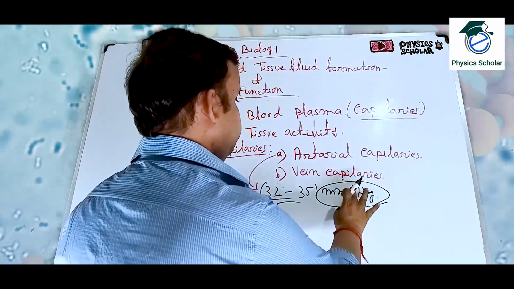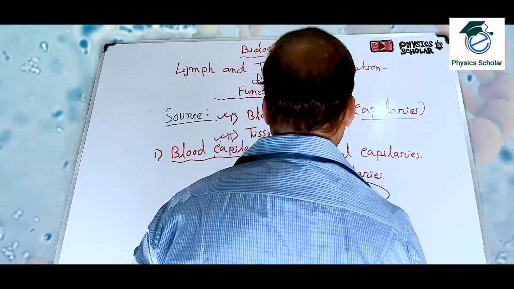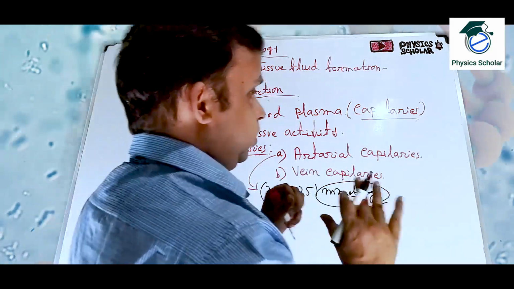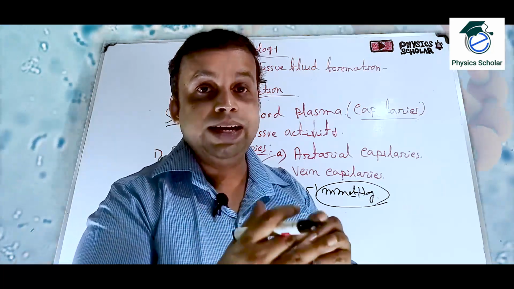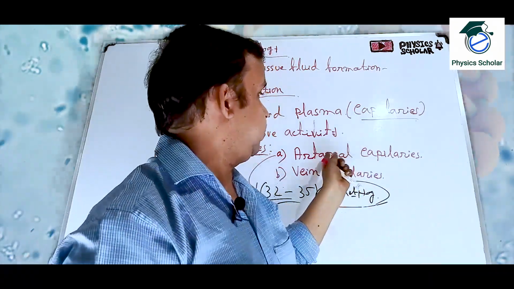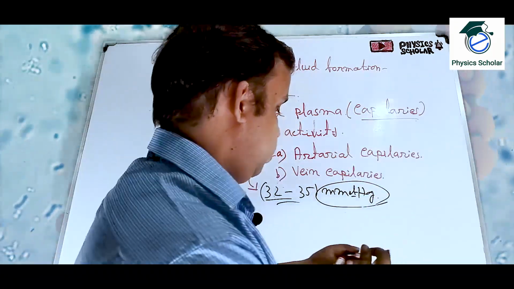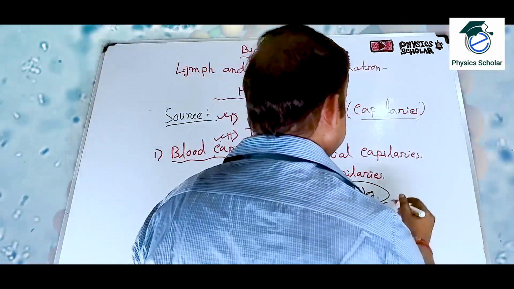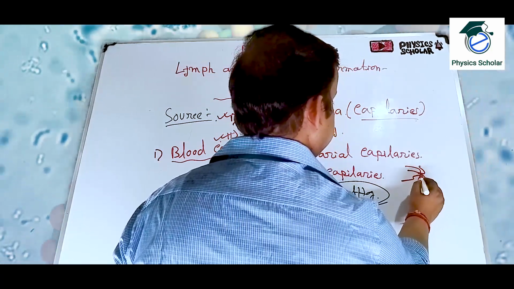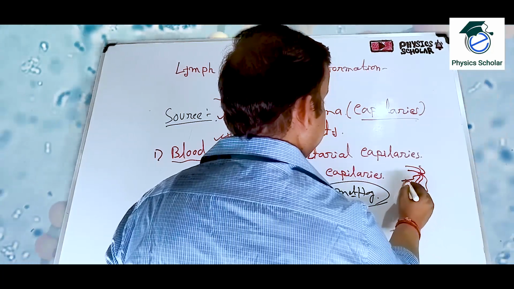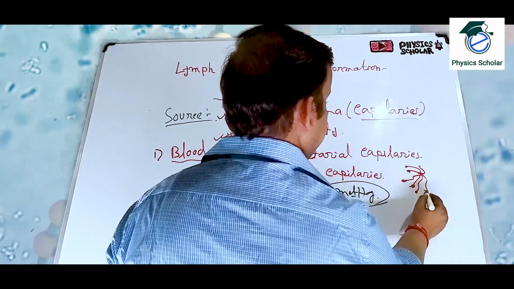Clear? The pressure of blood in the arterial capillaries will be 32 to 35 mm of Hg. Now what happened actually? Due to this huge pressure, the internal pressure of the blood in the arterial capillary will be more. So suppose this is the arterial capillary; the blood inside it will be under more pressure.